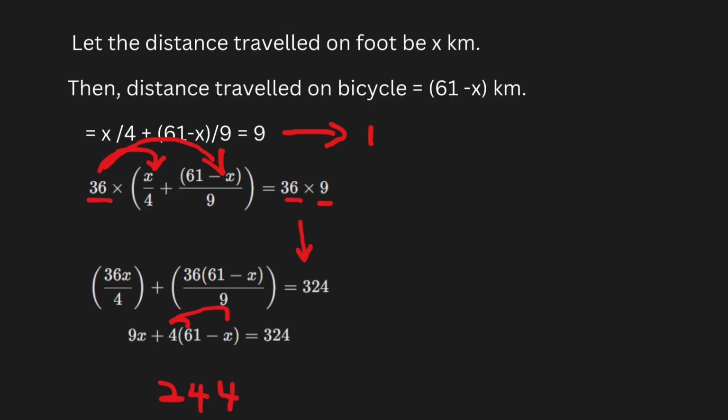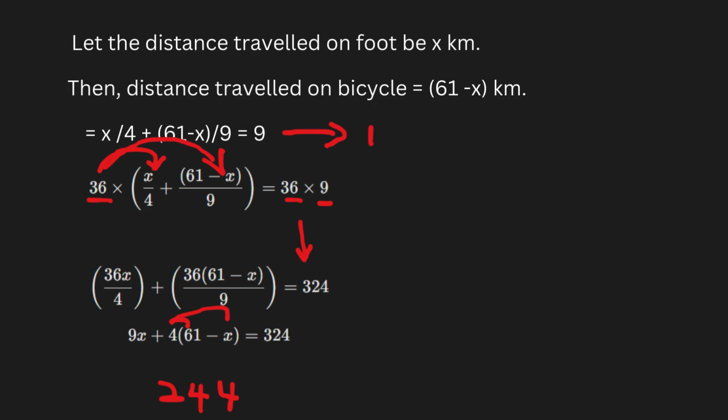So, we get 36 into x by 4 plus 61 minus x by 9 is equal to 36 into 9. Distribute 36. So, we get 36x by 4 plus 36 into 61 minus x by 9 is equal to 324. By multiplying 36 and 9, we get 324.